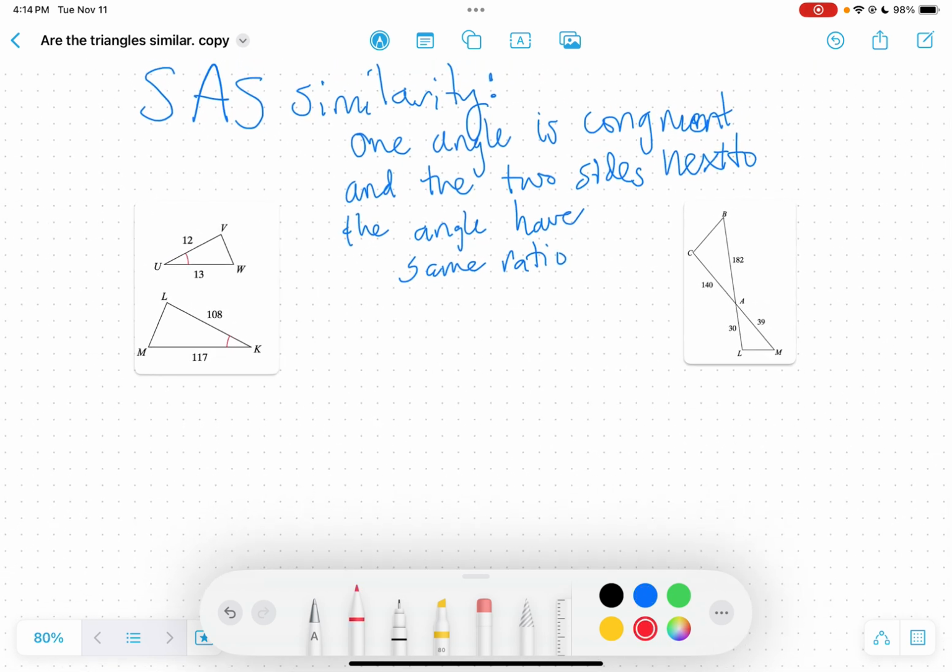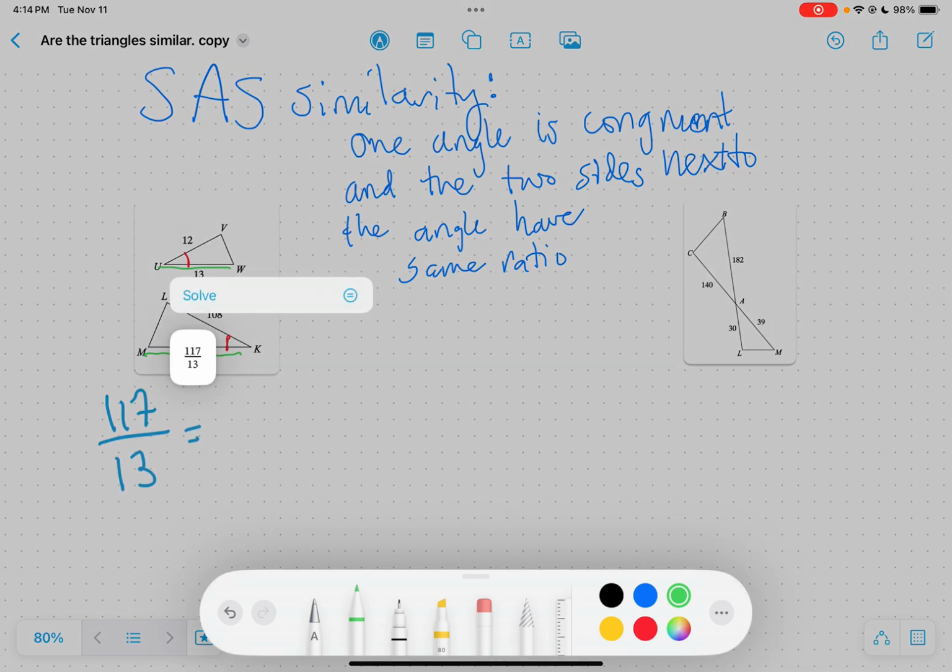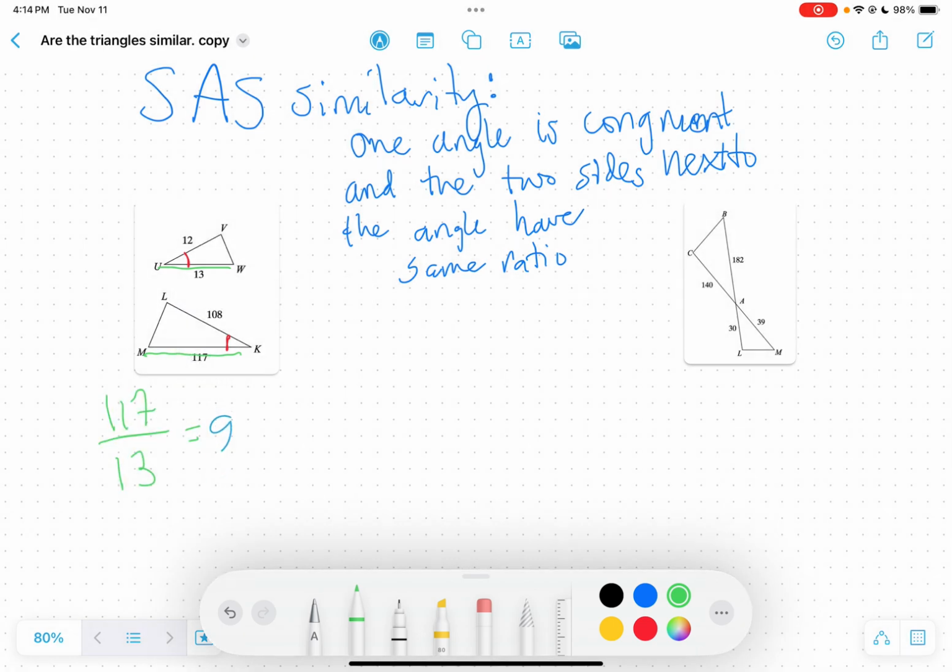So this one, they're telling us that these two angles match, which means I just need to check the ratios of these two sides next to them. So 117 is the bigger side, and it corresponds to 13. So I'll do that. That ratio is 9. And then I'll just check the other ratio. I think I know, 108 divided by 12.